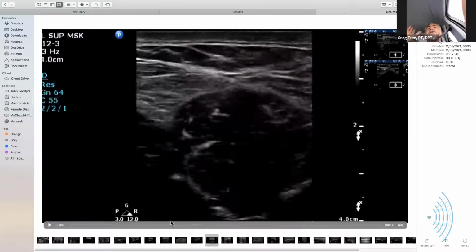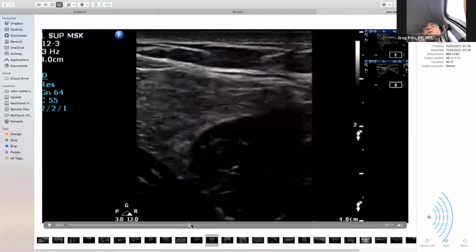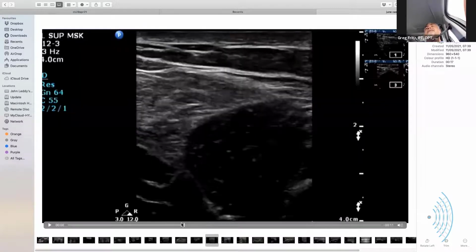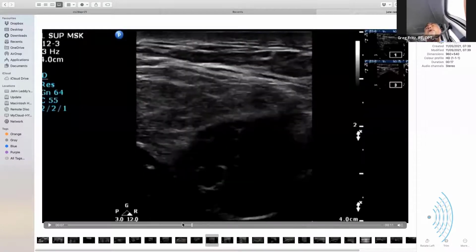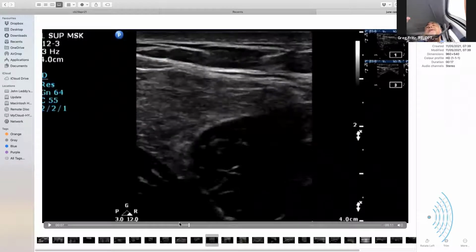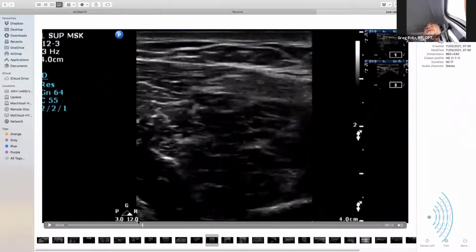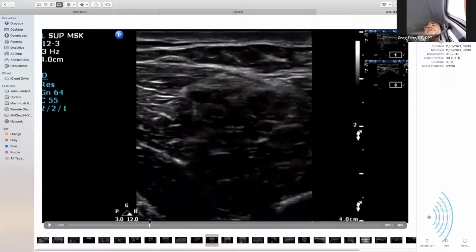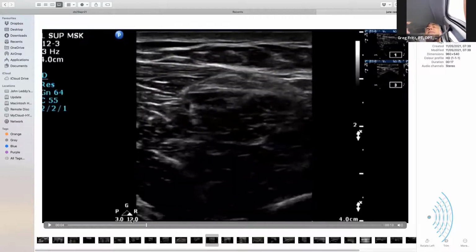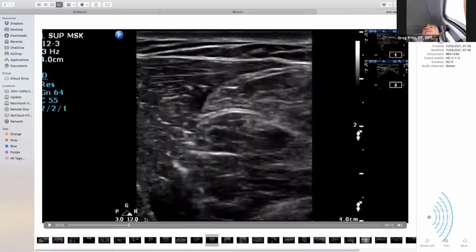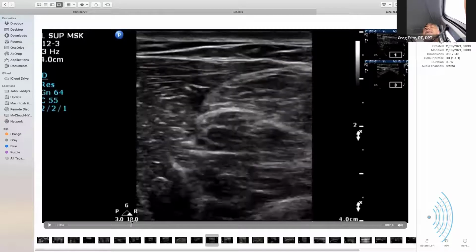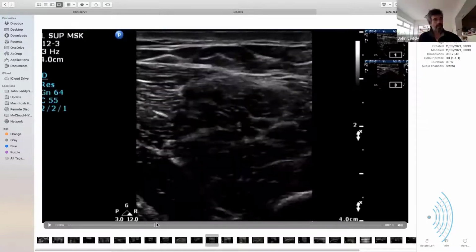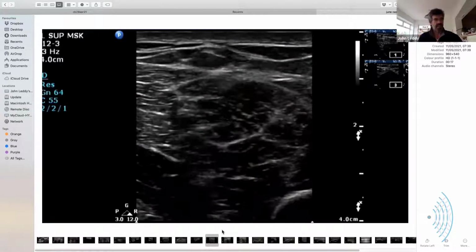You simply do the slice, and if it doesn't show up in a way that is differentiable, you play with the actual angle of incidence until you can differentiate the fibers of the fascicular muscle from the fat of the lipoma. Yeah. Wow.